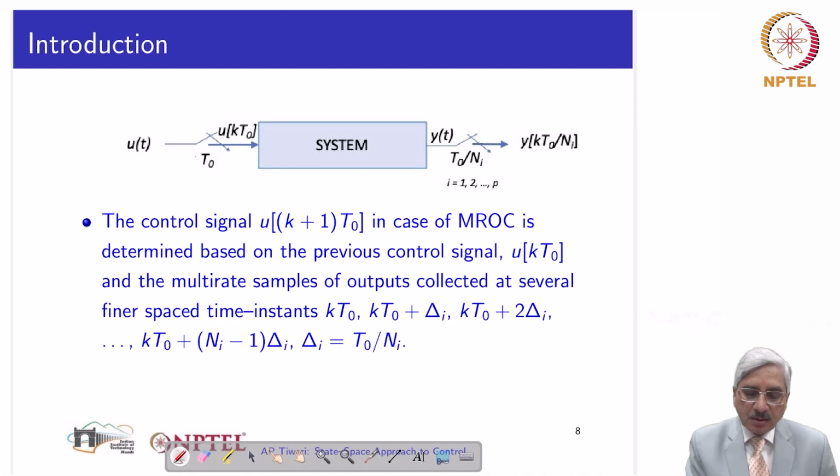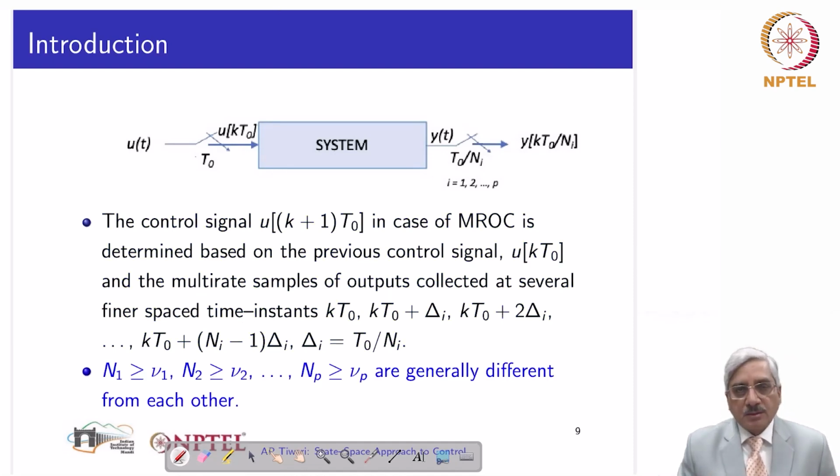One component is the previous value of the control signal itself, u(kT0), and the other component is dependent on these samples which were collected in just the preceding sampling interval: some gain times the values of outputs at those finer intervals collected during one input sampling interval. And this kind of controller is, of course, a dynamic controller.